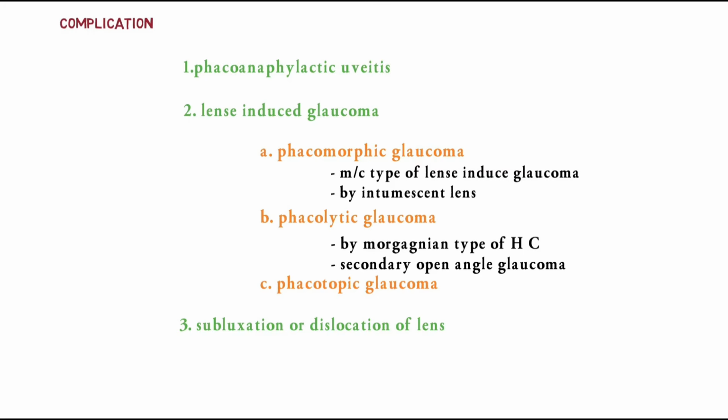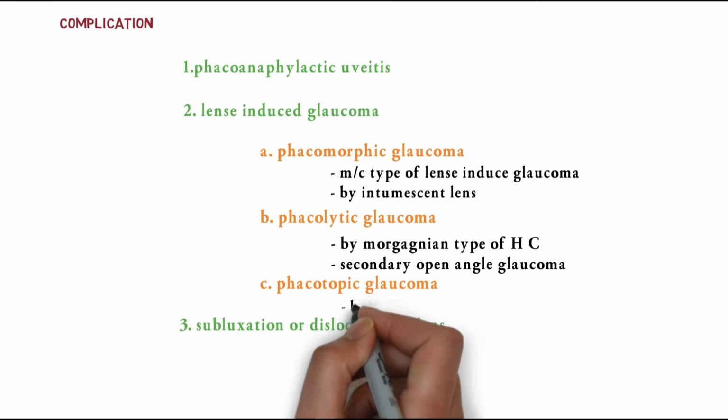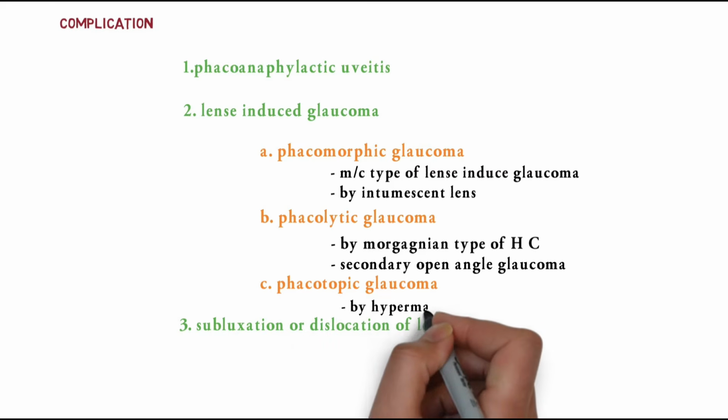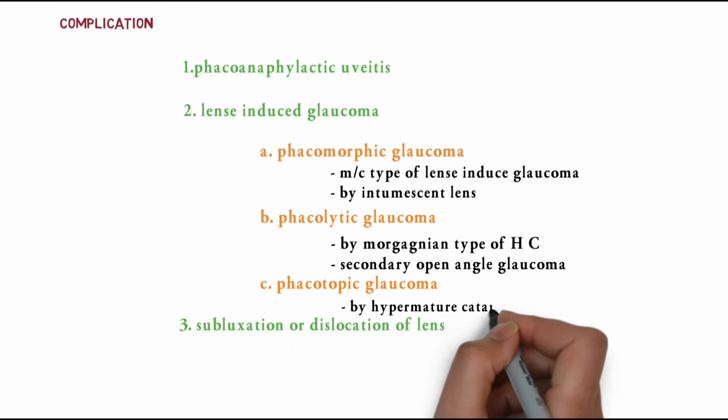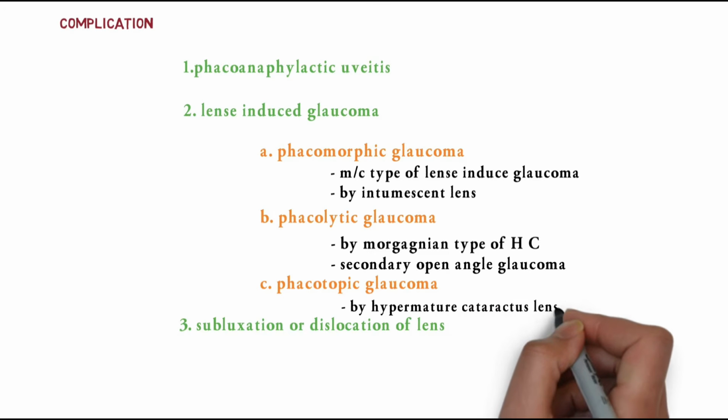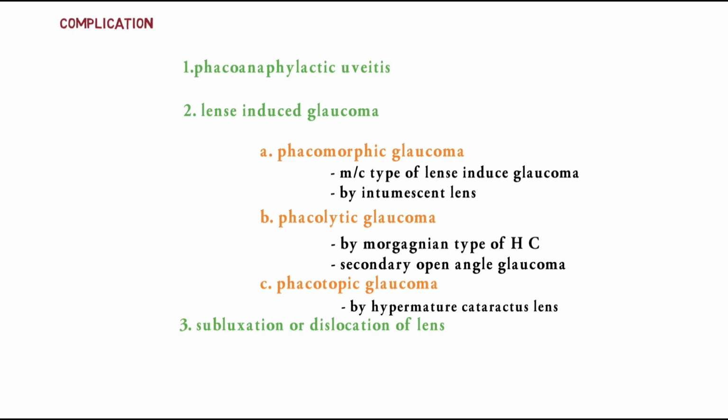That's why there is formation of secondary open angle glaucoma. And the third one is phacotopic glaucoma. It occurs with a hypermature cataractous lens. So these are the complications: phacoanaphylactic uveitis, lens-induced glaucoma and subluxation or dislocation of lens.